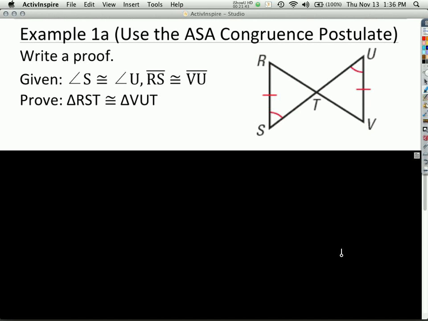With hypotenuse leg, HL, how many pieces of evidence do you need to be able to use it to prove your case? Kamoy? 3. With angle, side, angle, how many pieces of concrete evidence do you need to use it to prove your case? Nathaniel? 3. We need 3. We need angle, a side, and an angle.